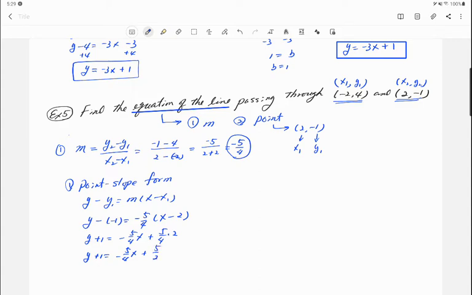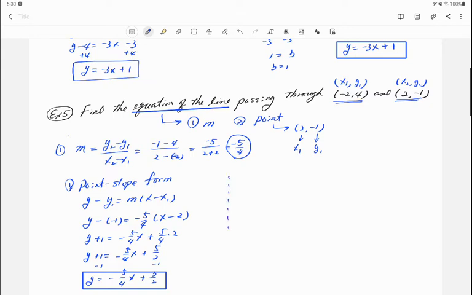And then minus 1 each side. So y equals negative 5/4 x. And then negative 1 is 2 over 2, right? So 3 over 2. So this is the equation that satisfies the equation passing through 2 points.